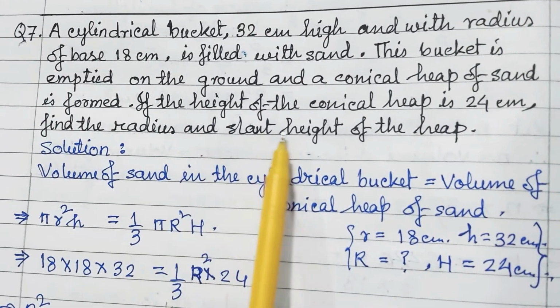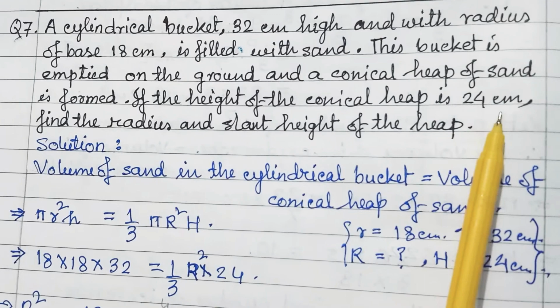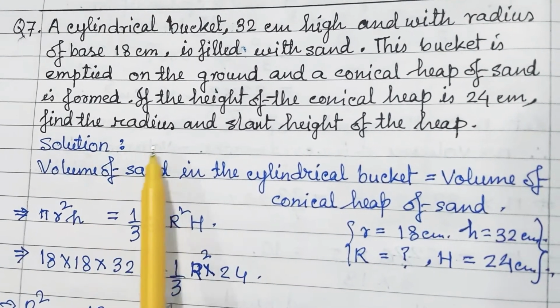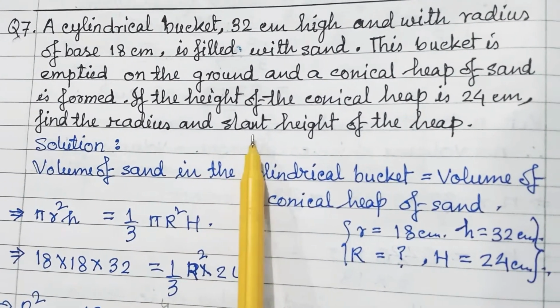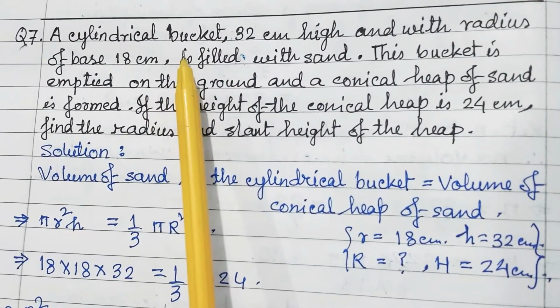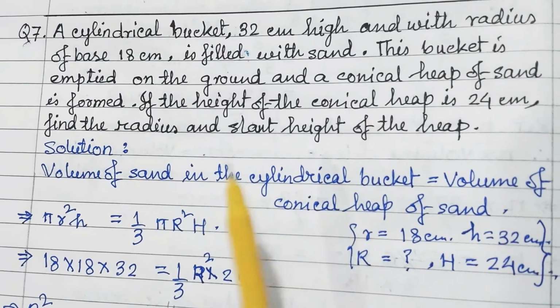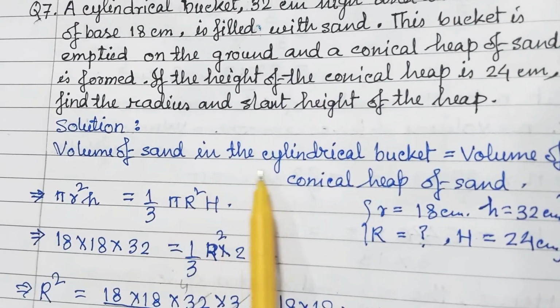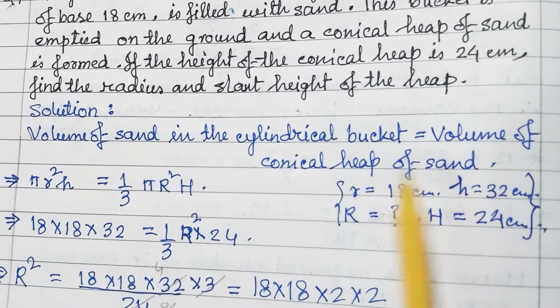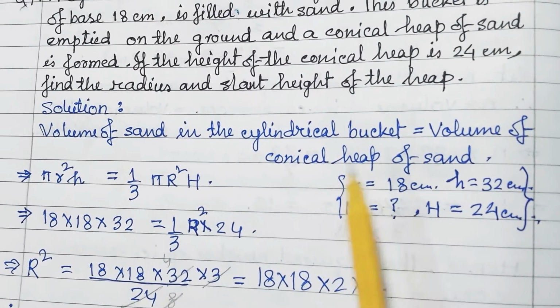If the height of the conical heap is 24 centimeter, find the radius and slant height of the heap. That means a cylindrical bucket has to be changed into a conical shape. So the volume of sand in the cylindrical bucket is equal to the volume of the conical heap of sand. This is the same amount of sand.